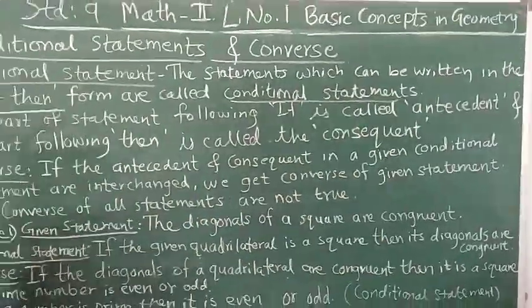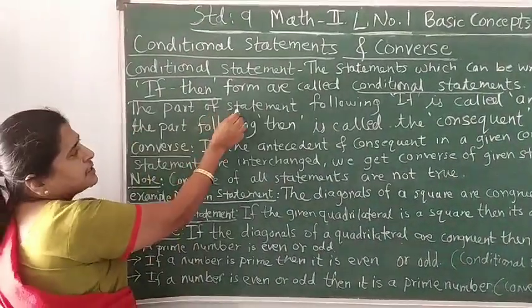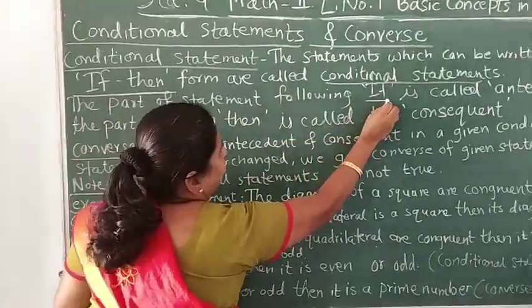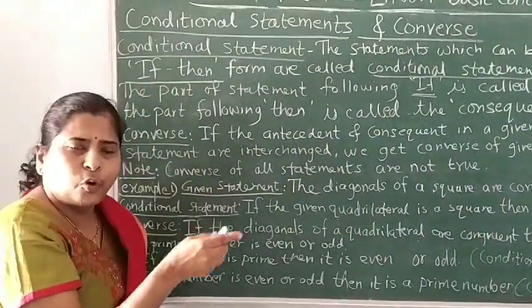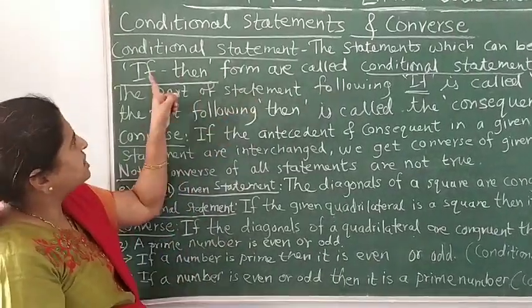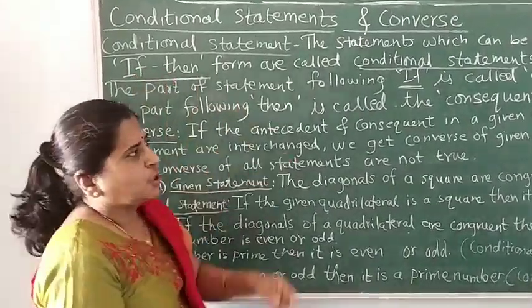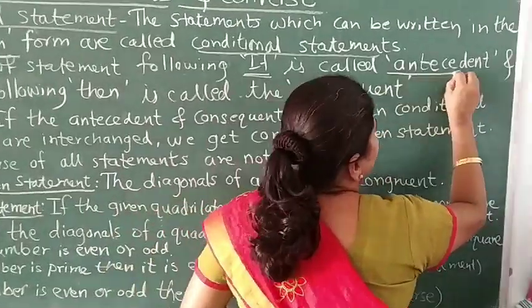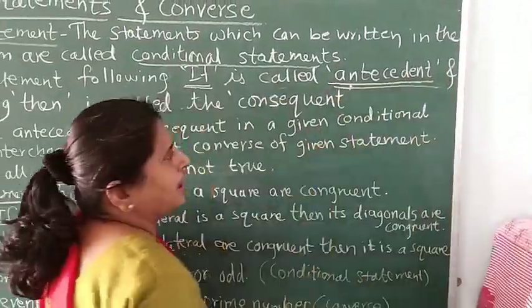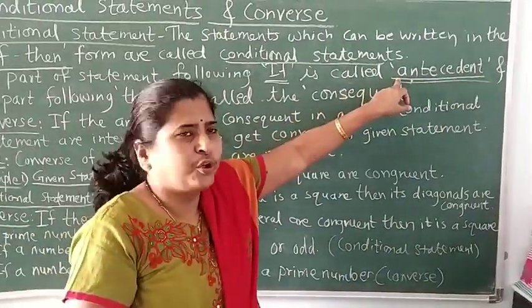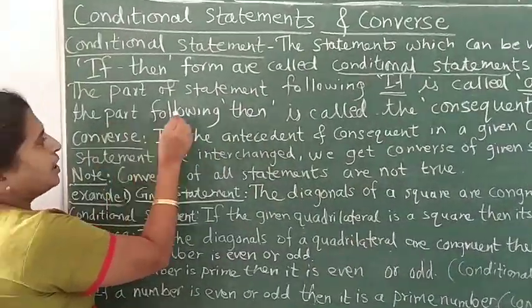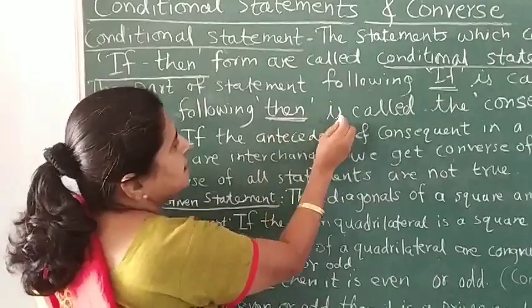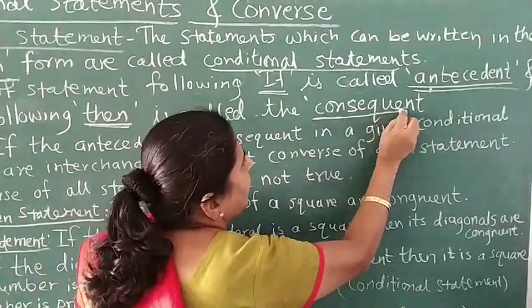Now, the part of the statement following if. We are going to write the statement in the if and then form. The part of the statement which follows if is called the antecedent. That is the previous part. So if this is fulfilled, this is the antecedent, and the part following that is called the consequent.